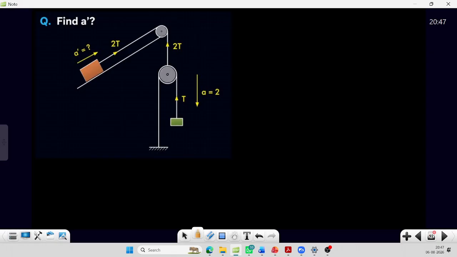Here also same thing. Yes, draw the diagram. To understand an inclined plane, you should be able to draw the diagram.